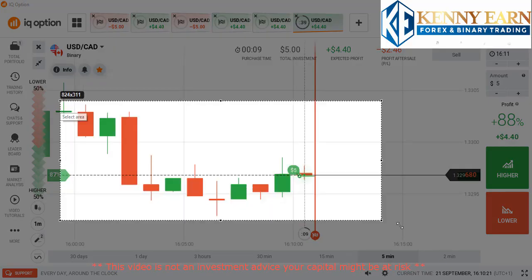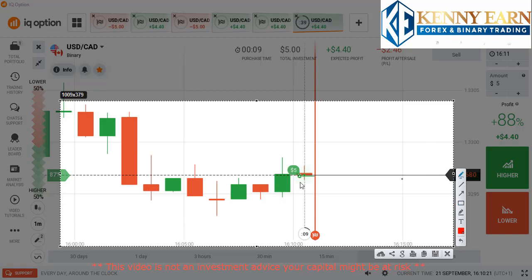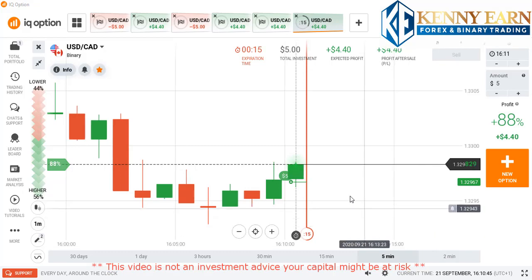Yeah, I place a higher option here because of this strong buyer's entry, and the way I'm looking at it from the analysis, the market is aiming here to get to there and come back down, because I think it wants to retest that level. That's why we are seeing some buyer's entry here.